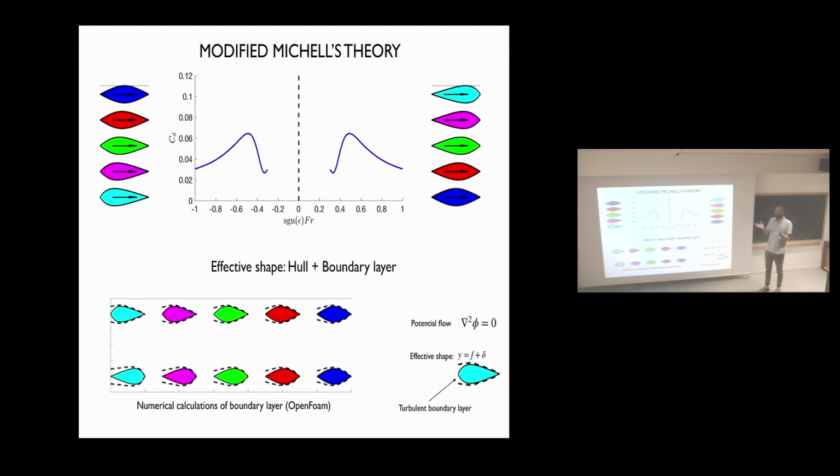If you go inside that region, you shouldn't really be using potential flow theory anymore. So instead of taking a Fourier transform of the shape, you can take a Fourier transform of the shape plus its boundary layer. If you do that, you recover the trend that we saw in the experiments: essentially, that these boats have larger wave drag, and these boats have smaller wave drag.